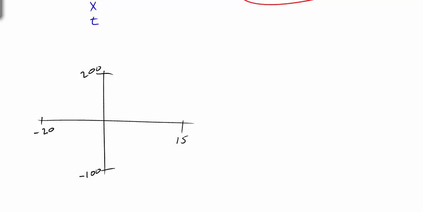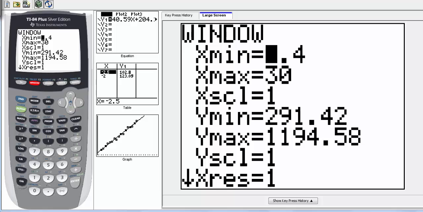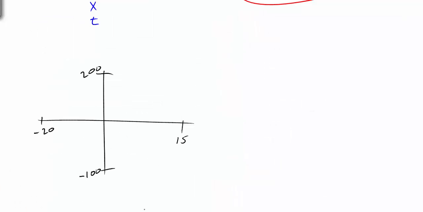X minimum is a negative 20, X max is 15, Y minimum is a negative 100, and Y max is 200. And if you do that, when you hit graph, then your scatter plot should look very similar, otherwise that is the wrong answer. So this way you can easily compare your graph if you set up your viewing window to match the X and Y axis on the multiple choice answers.